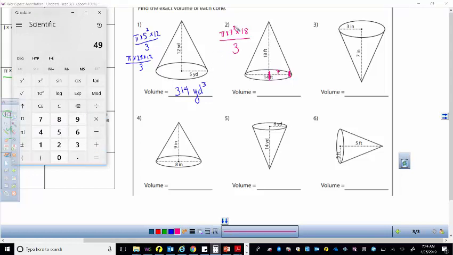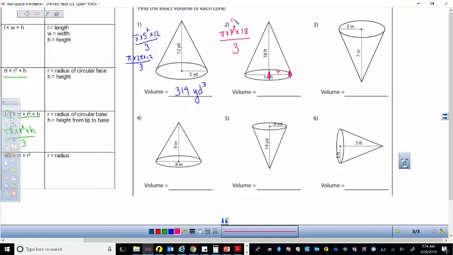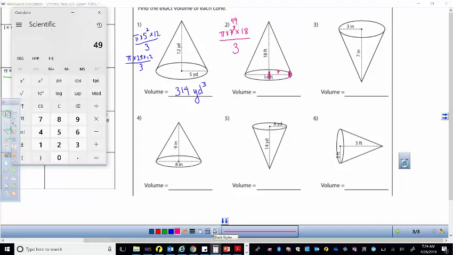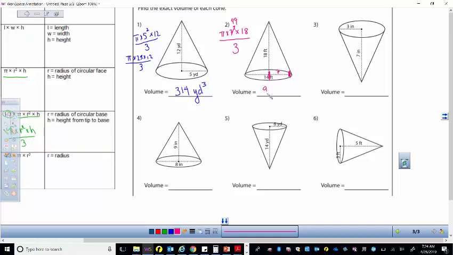So now I'm going to multiply pi, 3.14, times 49 times 18, and then I divide that answer by 3. So I get 923.16 feet cubed.